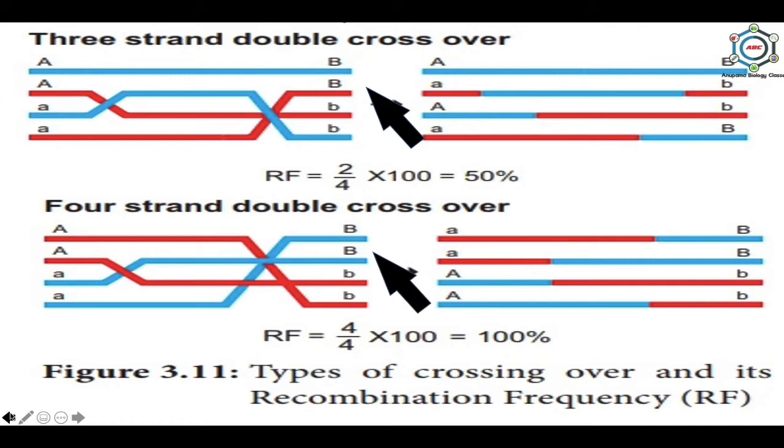In both cases these are known as multiple crossing over. In this there are more chiasmata, that means 3 or more, and the corresponding crossing over through this type does not occur frequently. So these all show the types of crossing over and its recombination frequency.